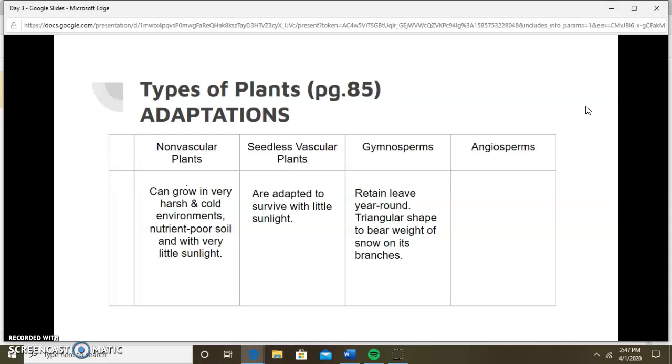So those are those Christmas trees, those evergreens that can hold on to that snow when they're in those snowy areas. And then angiosperms produce flowers and fruit to aid with reproduction. We'll talk about fruit being part of the reproductive process. And plants enter dormancy during winter to conserve energy.